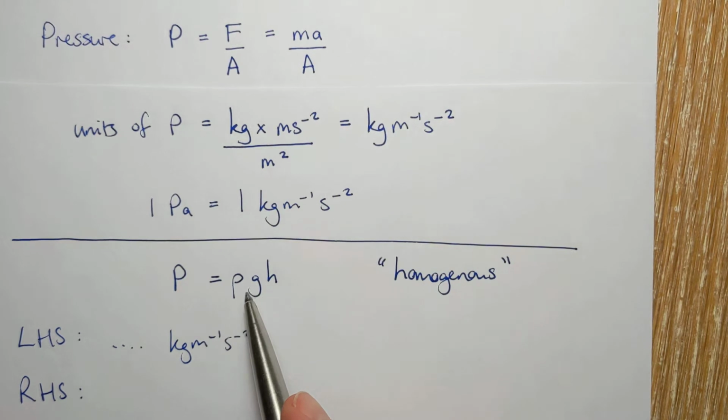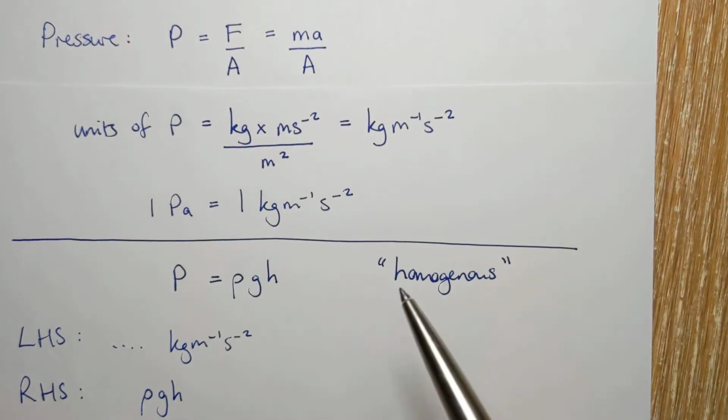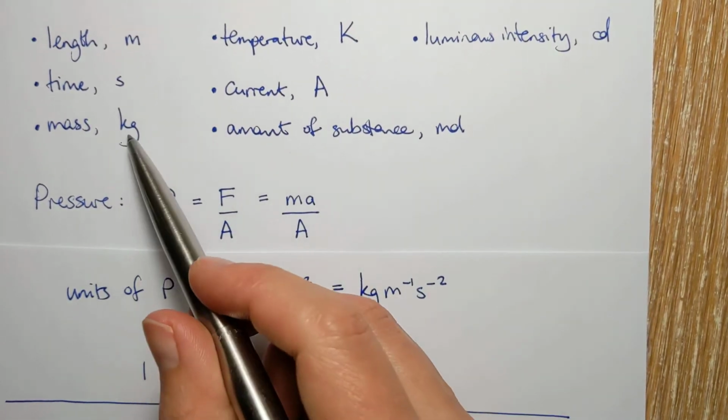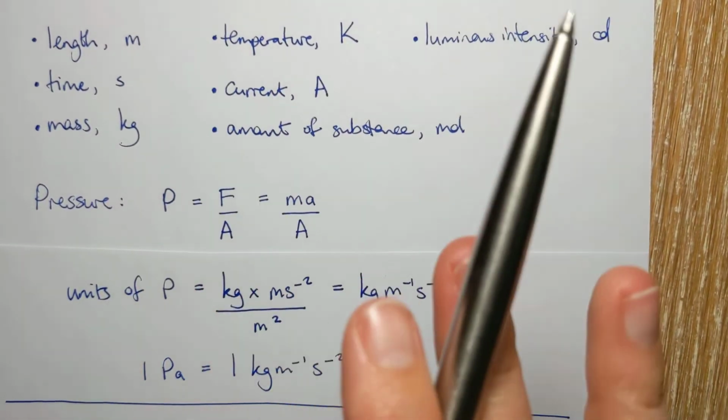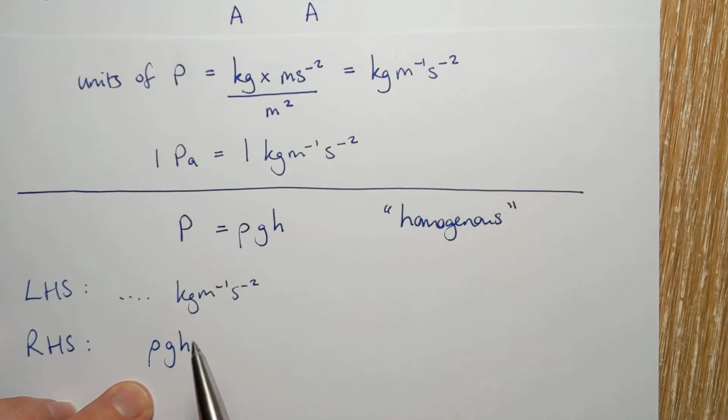Okay, so on the right hand side, we've got rho GH. Now then, let's do our check. So rho is density. It's measured in kilograms per metre cubed. So that's totally fine. G is the acceleration due to gravity.